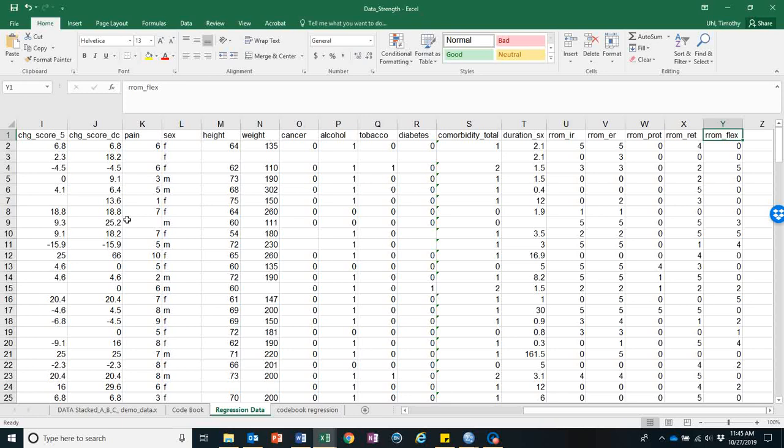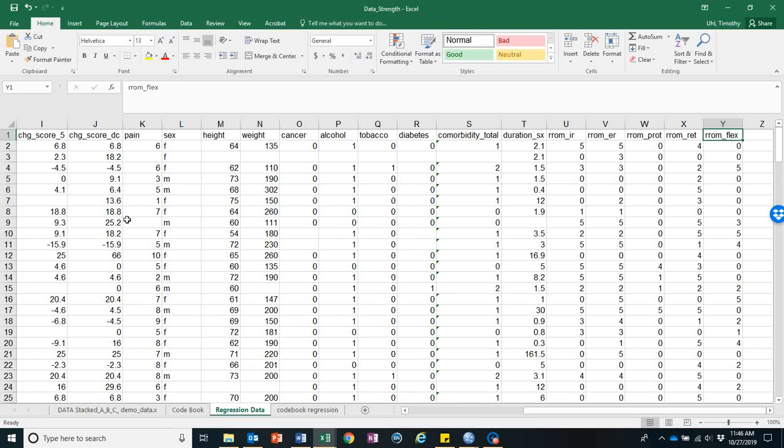IR is internal rotation, ER is external rotation, protraction, retraction, and shoulder flexion. So this is the frequency by which the patients were prescribed specific exercises. So we believe that their intervention might help predict their outcome in these patients with shoulder pain.